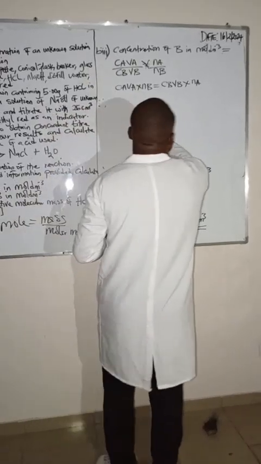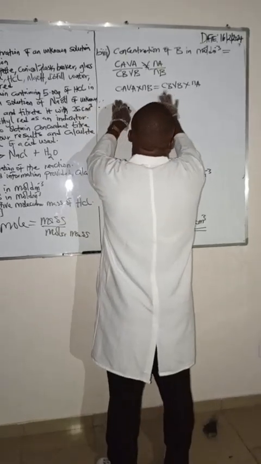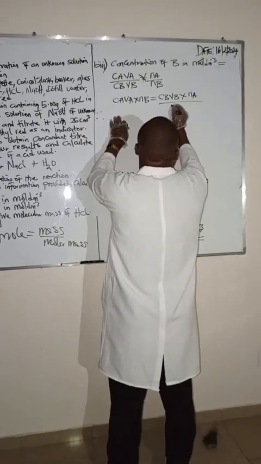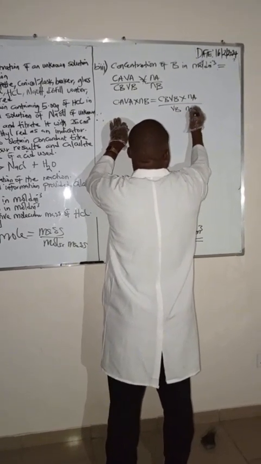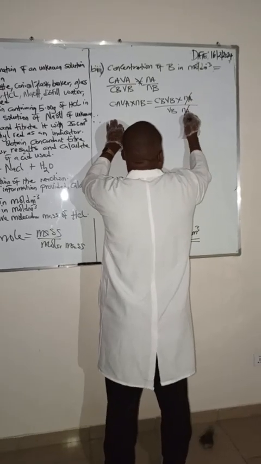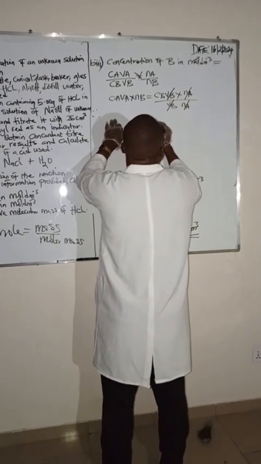Yes, sir. Now, since we want to make CB the subject of formula, we're going to divide both sides by VB and NA. NA cancels NA, VB cancels VB.